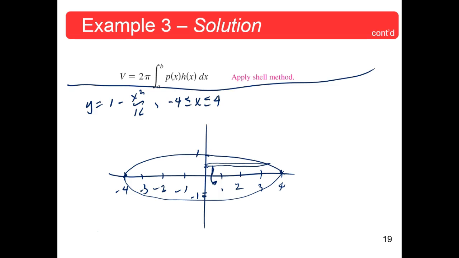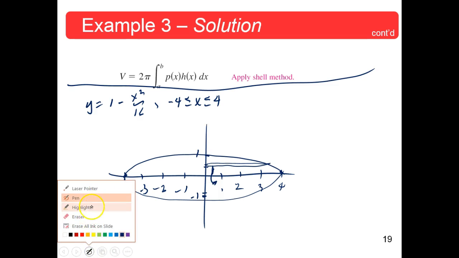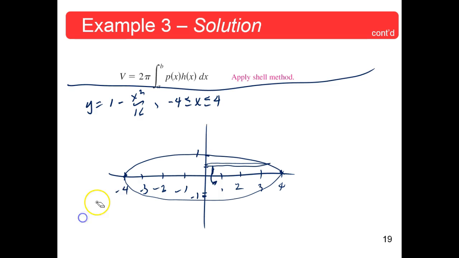Would it be easier to do the washer with the dy's? Or no, the dx? With the dx. I think so, because now you don't have to change it, and it's not really a washer, it's a disc, because there's no hole in it. I hope you don't have a hole in your pontoon, or you're not going to keep your boat up.